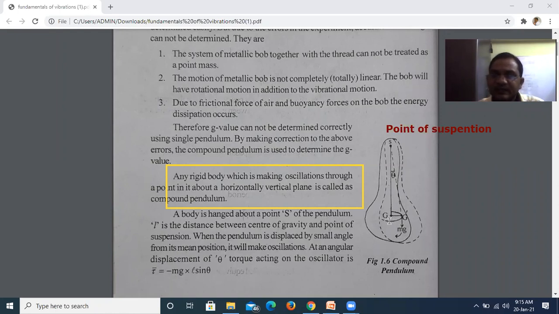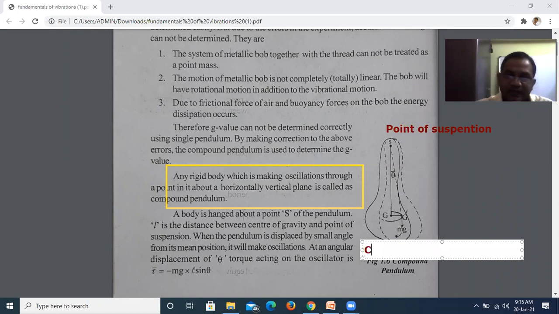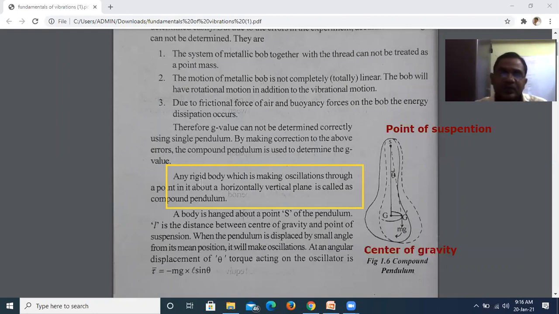Here G is nothing but center of gravity. Center of gravity. Okay, right, center of gravity. It looks, sir, any rigid body which is making oscillations through a point in it about a horizontal vertical plane is called as compound pendulum.